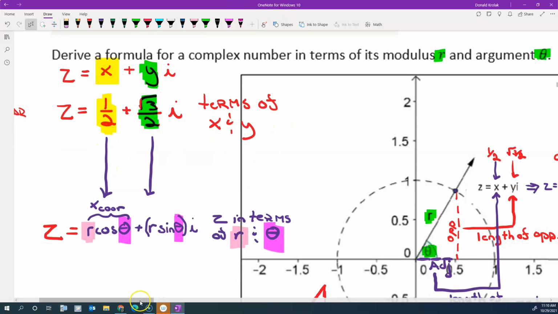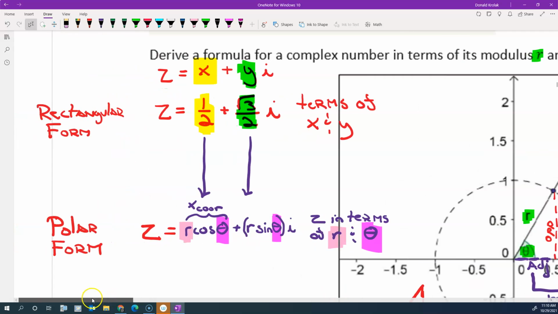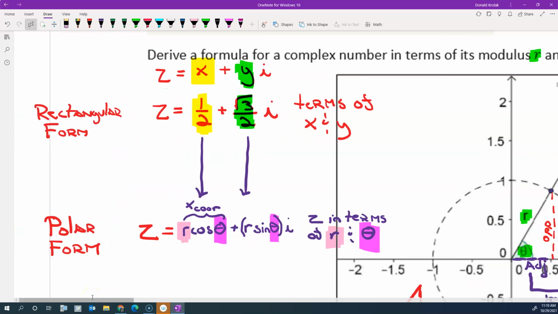So you're just describing it a different way, and that's called the polar form. So it's like you're bilingual now. You can talk in rectangular form, you can talk in polar form.